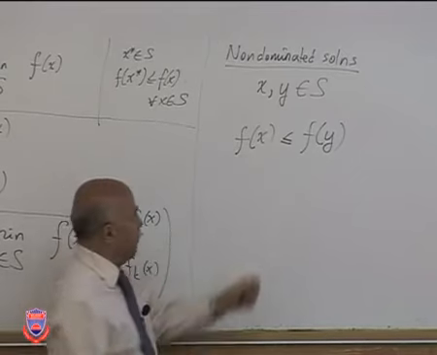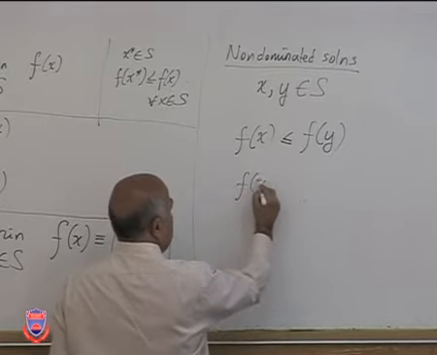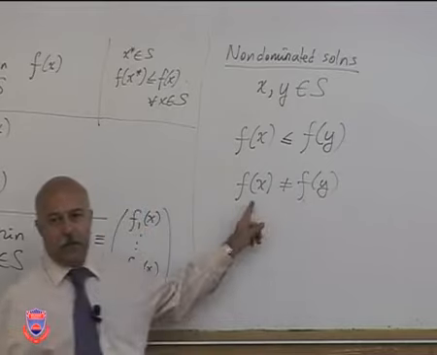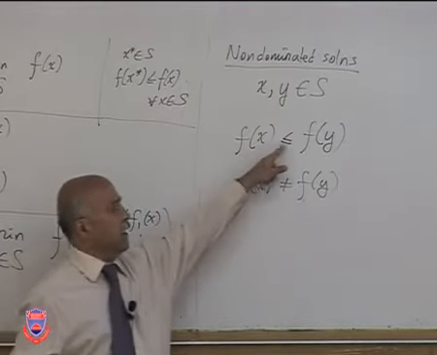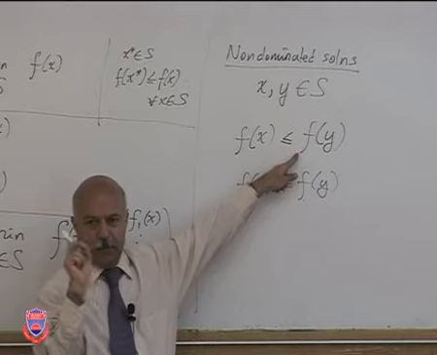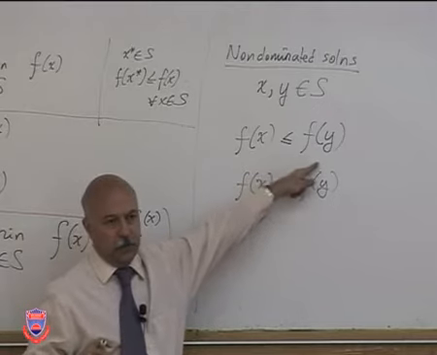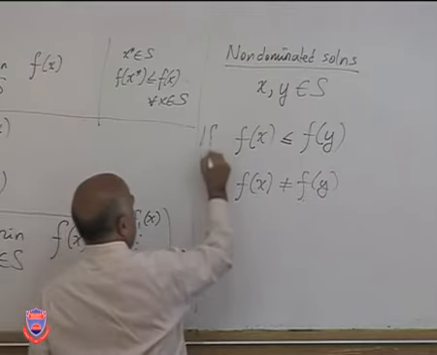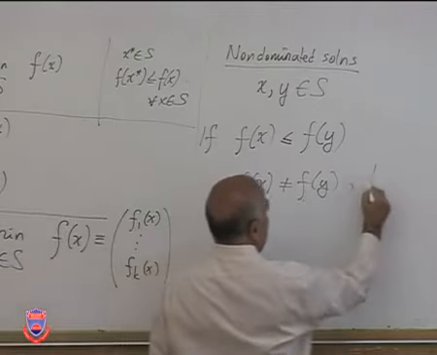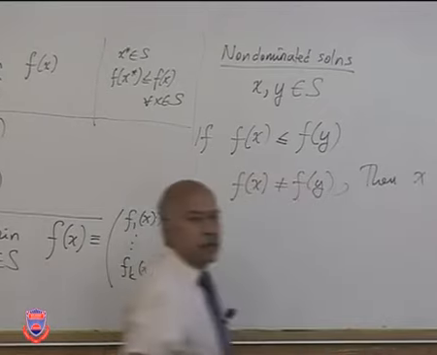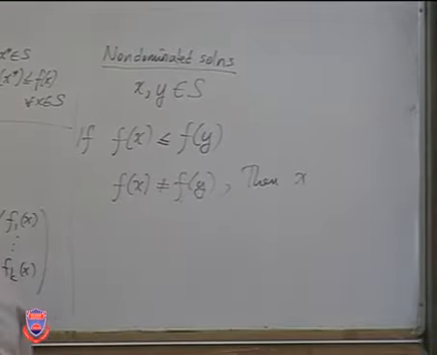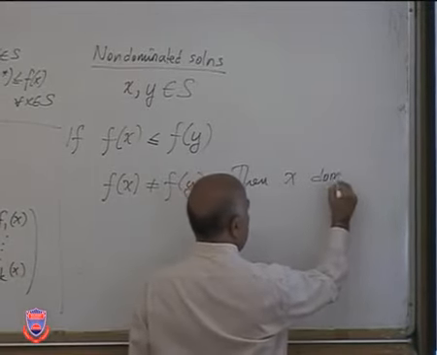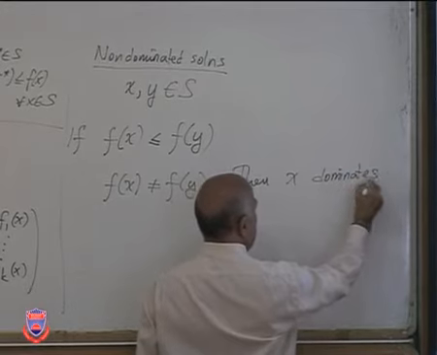And in fact, if it is also strictly better in at least one component, so not equal means they are not actually equal, some component is strictly less than the corresponding component of the other. In that case, x dominates y.